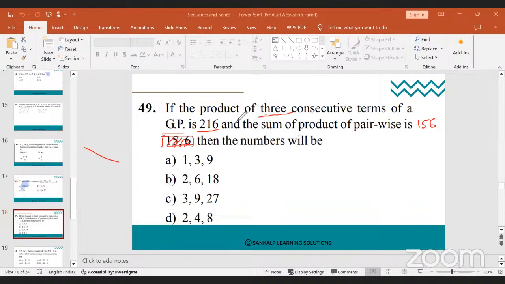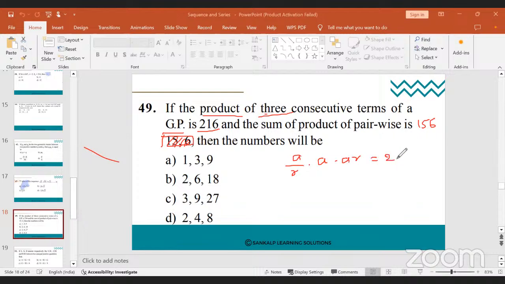Now, what are the three consecutive terms of a GP? The first term is A upon R, then A, then AR. The product of three consecutive terms, I use A upon R, A, AR.